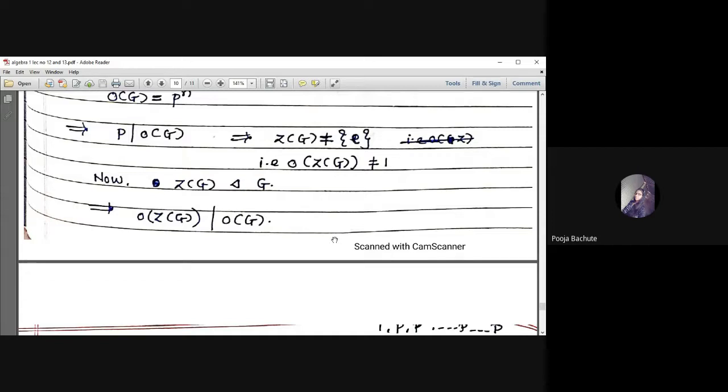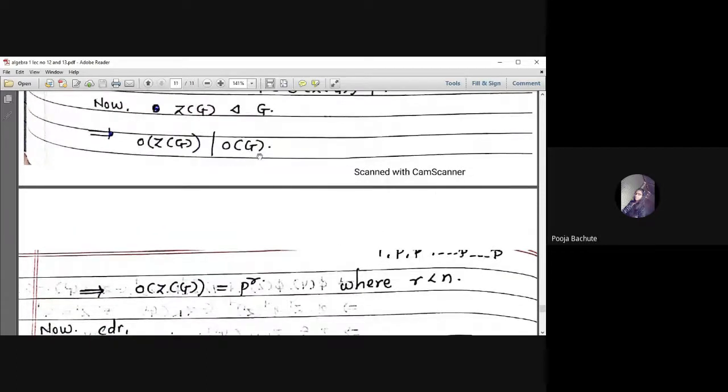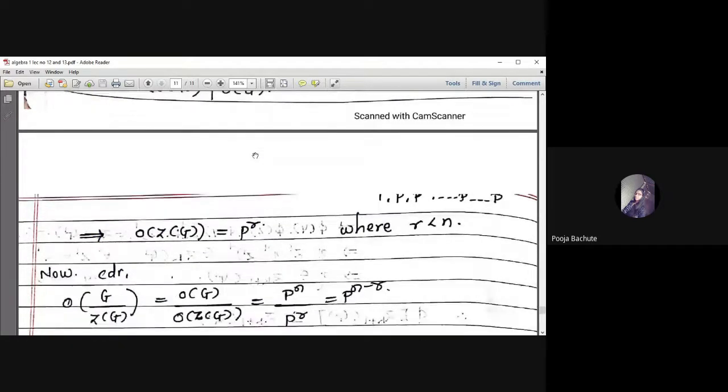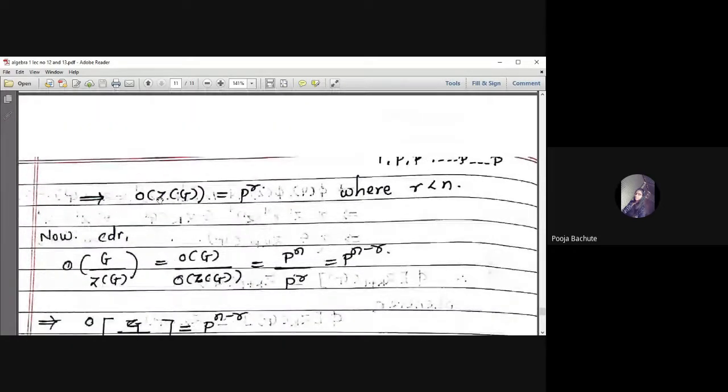Yes, sir. The order of a subgroup does what to the order of the group? It divides it. But what is the order of G? p raised to n. So the order of Z(G) must be equal to p raised to r, where r is less than n.